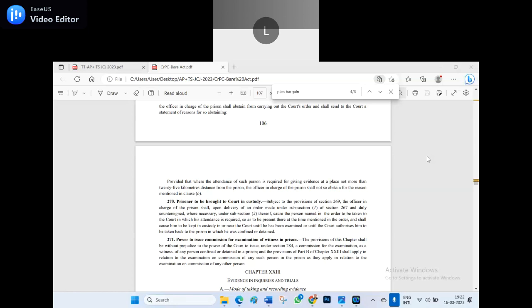See, recollection. Nothing is impossible, provided cool mind and cool thinking, and one day before you are not supposed to read completely. Before going to the examination, no question of reading, at least 12 hours before.